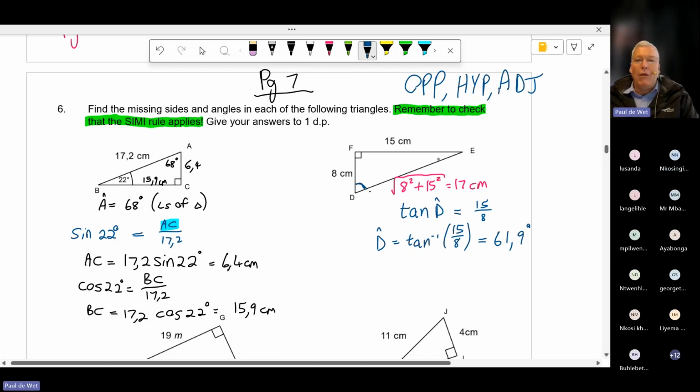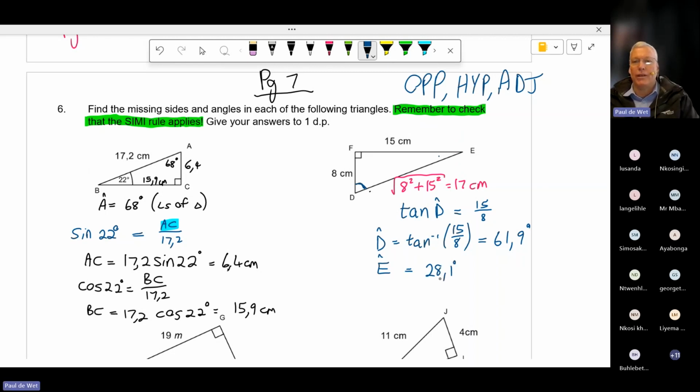Now I want to find E. I could use a trig ratio, or I could just use angles of the triangle. Angle E is going to be 61,9 plus 90, add those two together and subtract from 180. It's going to be 28,1 degrees.